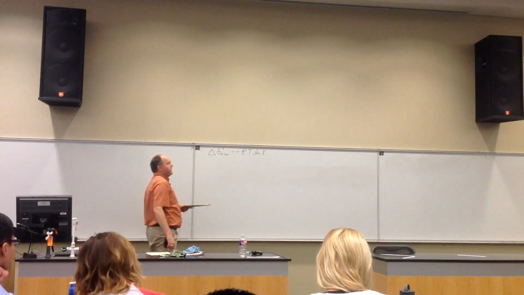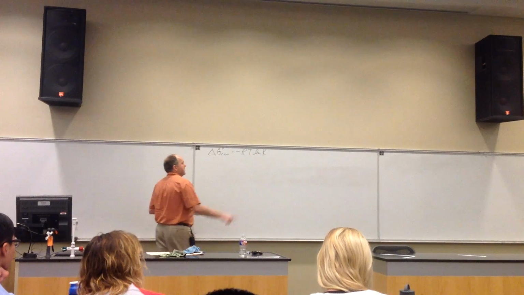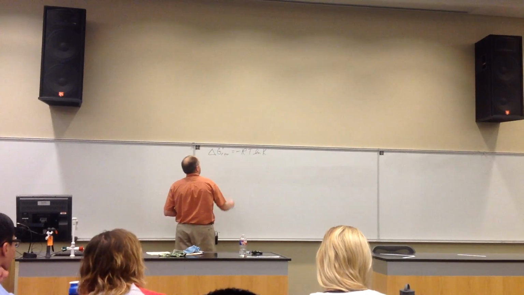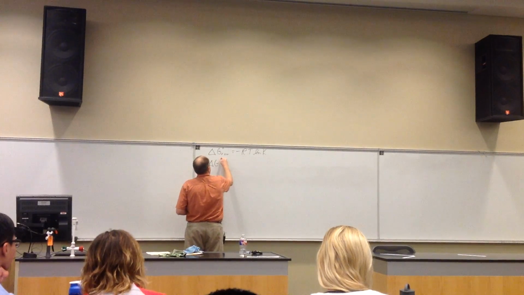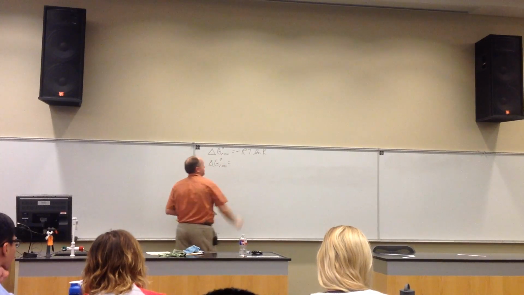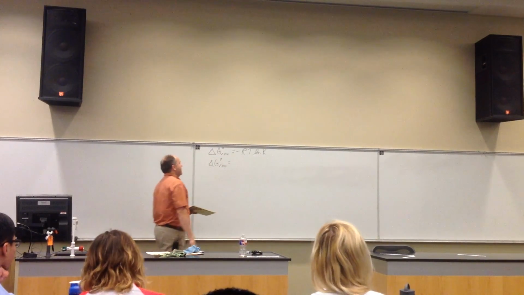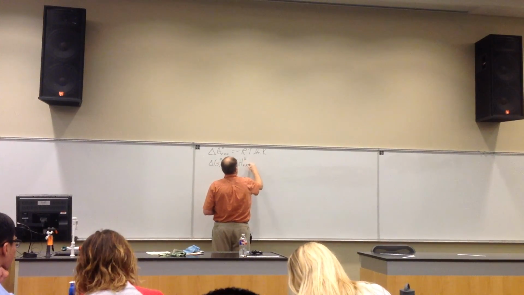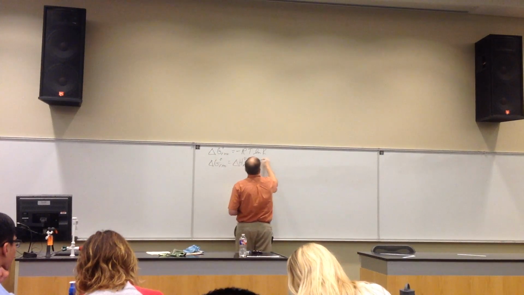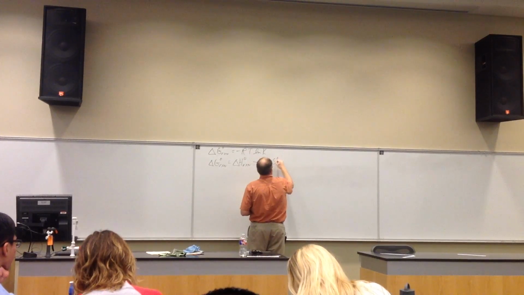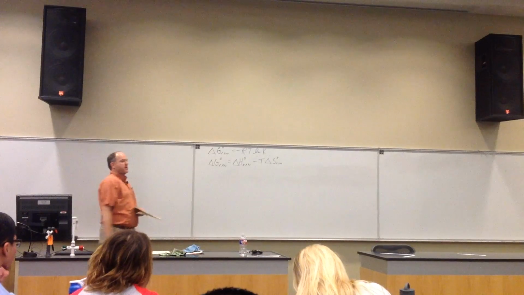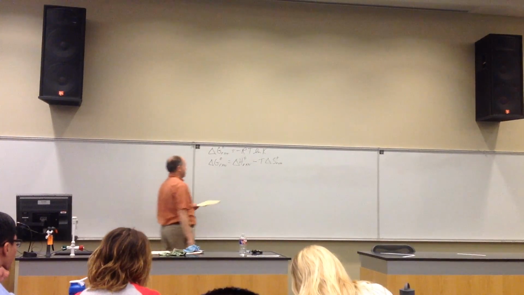Luckily, we're given enough information to calculate it. We're also asked for K at 25 degrees C. So delta G0 for the reaction is also equal to delta H for the reaction minus T delta S for the reaction. Well, I'm given delta H and delta S, so now it's just plug and chug.